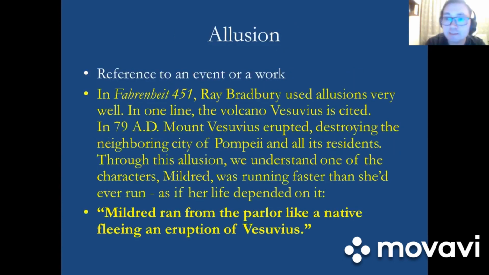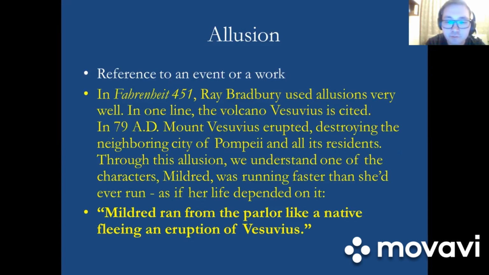Allusion is the next stylistic device that we are going to consider today. Allusion is a reference to an event or a work. Here you can see two examples of it. Let's look at the shortest one, which is given below.